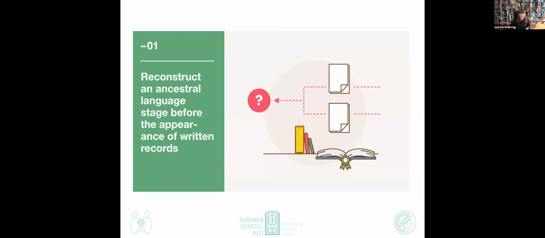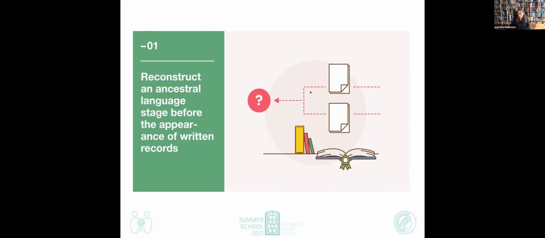Archaeolinguists can go back to ancient times, long before the appearance of the first written records of a language. So we can reconstruct an ancestral stage of a language from which different daughter languages, a group of related languages, descended. Conventionally, this ancestral stage is called a proto-language.